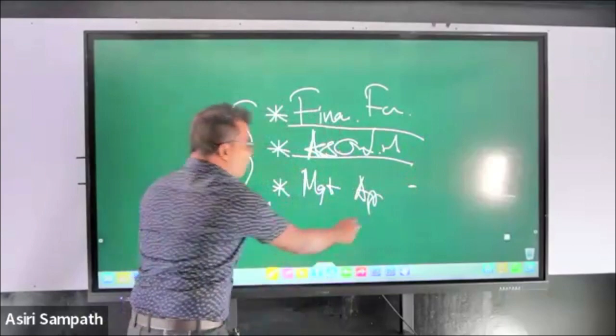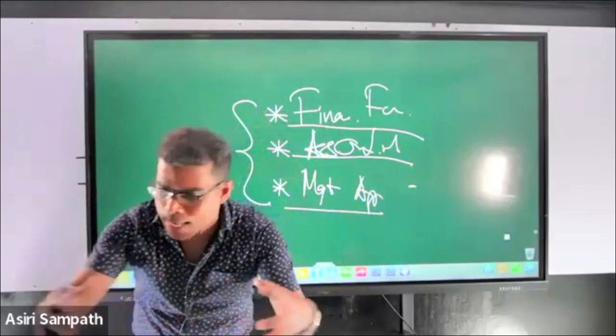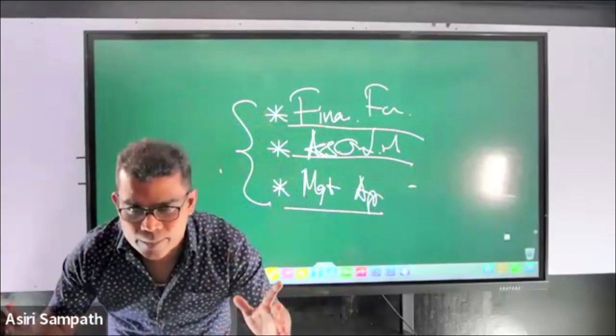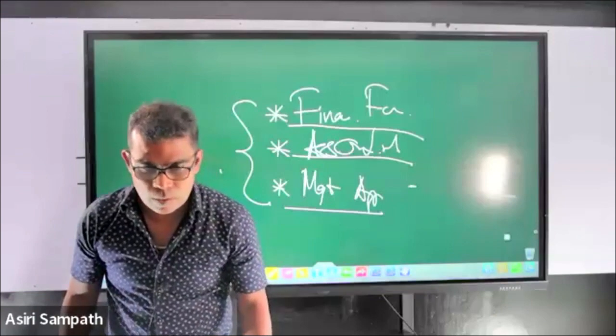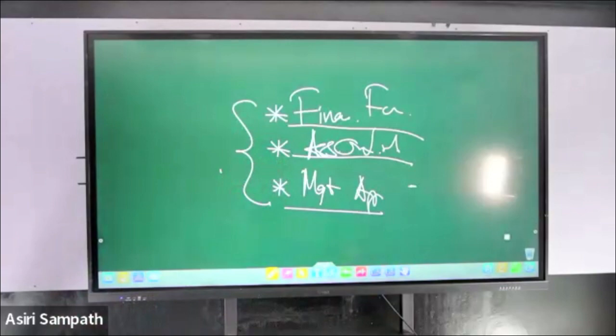If all these three characteristics are satisfied, we take it as a transaction. What are those three characteristics? Financial form, movement in assets and liabilities, management approval, right?